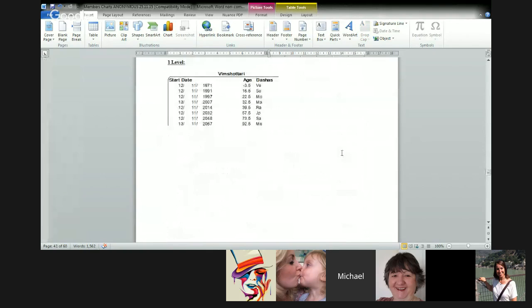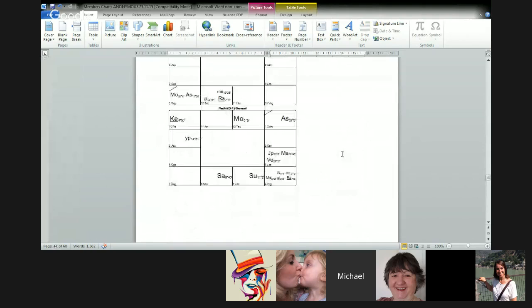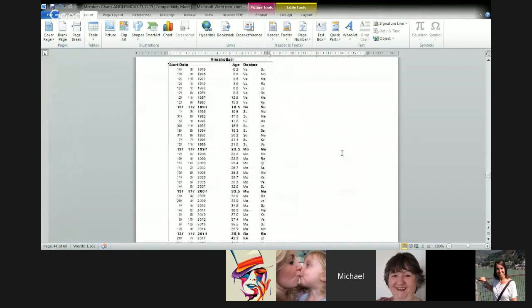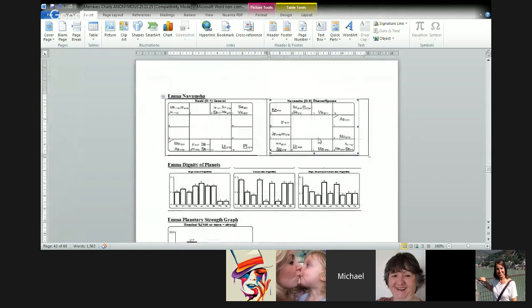I'm just wondering if I did Rashi Tulya, not in this document, I don't think. I think I've done one for Emma. Okay, so Jupiter is in the 7th house of marriage, conjunct the yogi point.